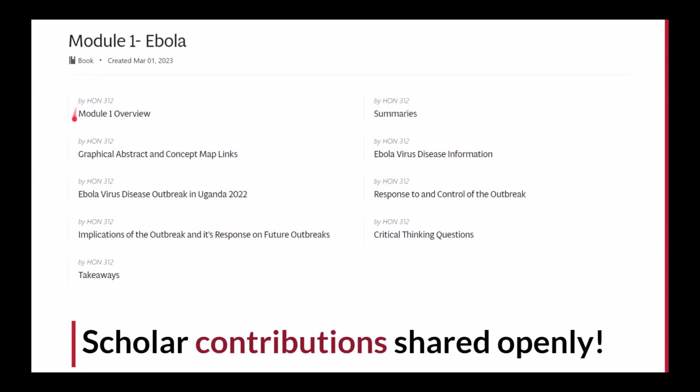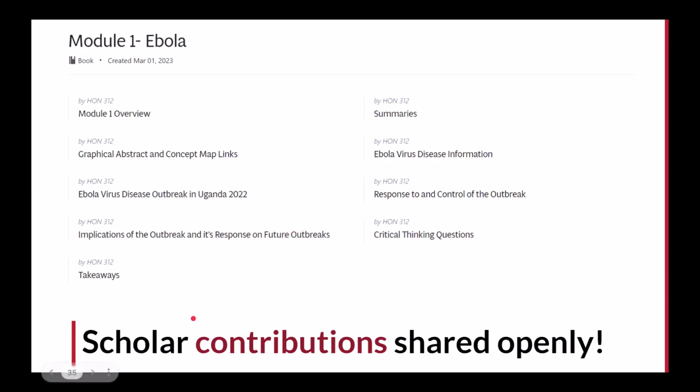Every module has not only an overview, but examples of graphical abstracts and concept maps, an overview of the specific outbreak, an analysis of the implications and work that can be applied to future outbreaks, takeaways, critical thinking questions, which students from this semester are encouraged to reply to, and disease information, as well as a focus on public health response and diagnostics.